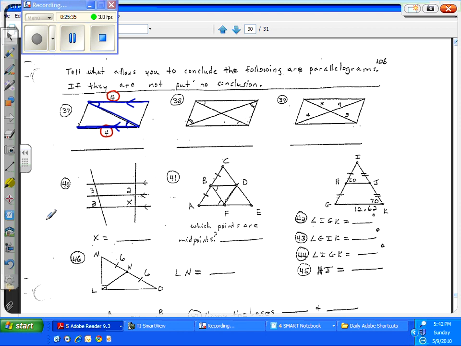That now gives me one pair of opposite sides, both equal and parallel, so we can say that it is a parallelogram because one pair of opposite sides is both equal and parallel.